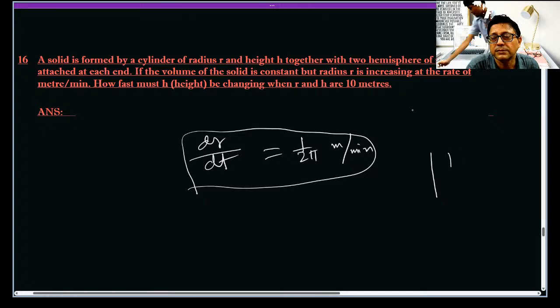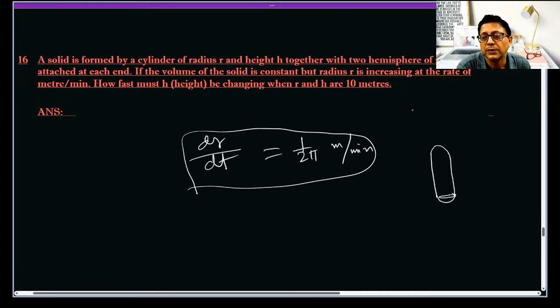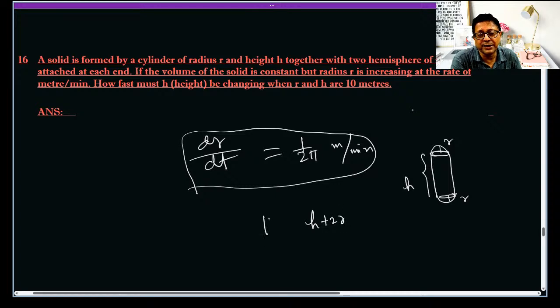Cylinder together with this hemisphere. Hemispherical ends are there. This volume is constant. This h is the height and radius is r. So total height will be h plus 2r. You agree? Net height of the solid is h plus 2r.